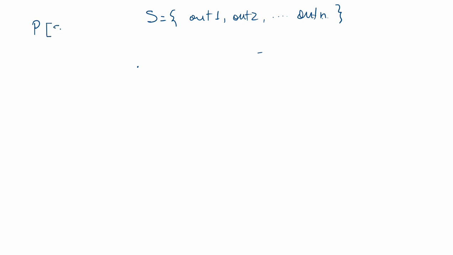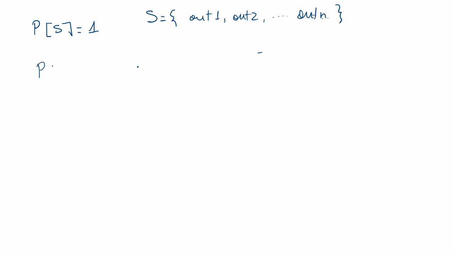And we saw that the probability of something happening inside the sample space is 1, right? So the probability of S is the probability of having outcome 1 or 2 or 3 or 4 or whatever. So with certainty something will have to happen inside the sample space, so the probability is 1, okay?